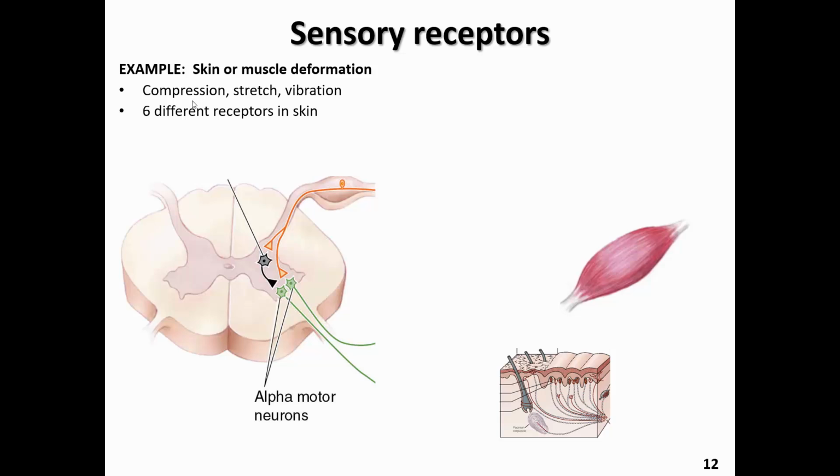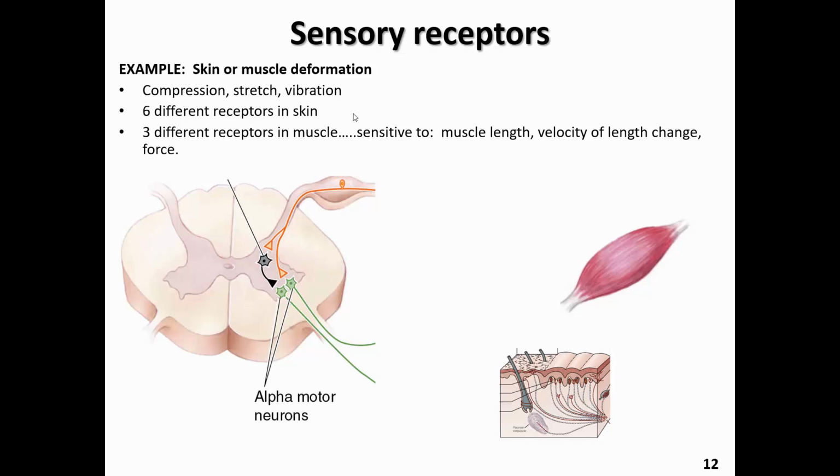There are generally 6 different receptors in skin, and in muscle, there are generally 3 different receptors. In muscle specifically, these receptors are sensitive to a change in muscle length, how fast that muscle length changes, as well as the force generated by that muscle.